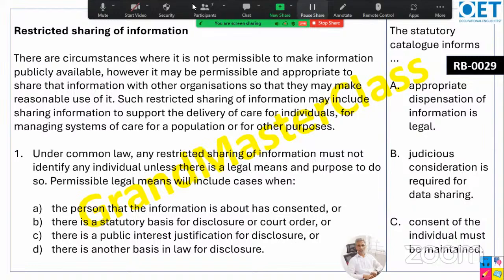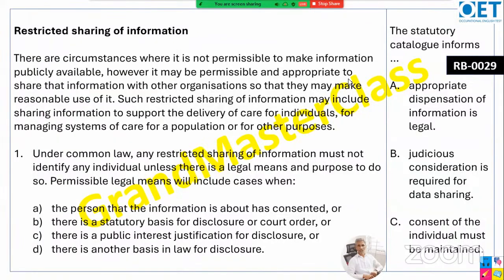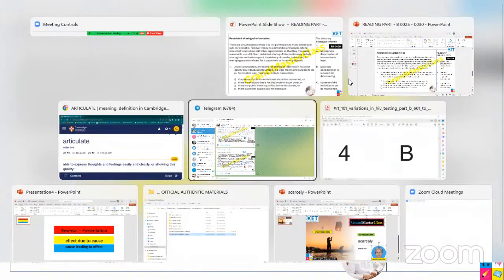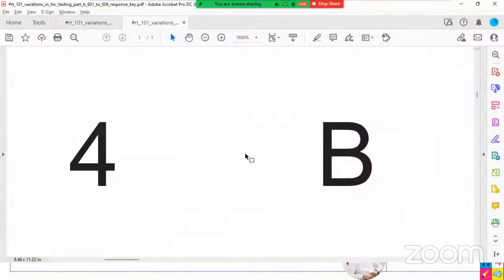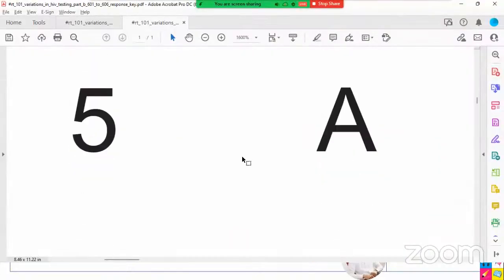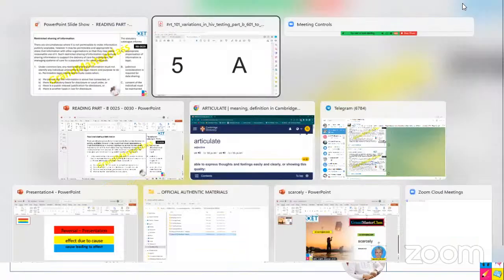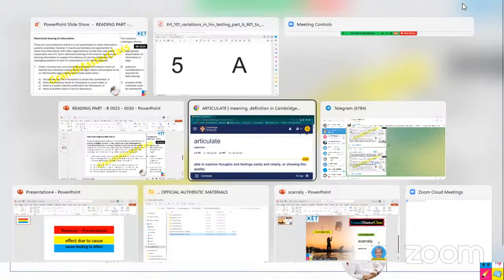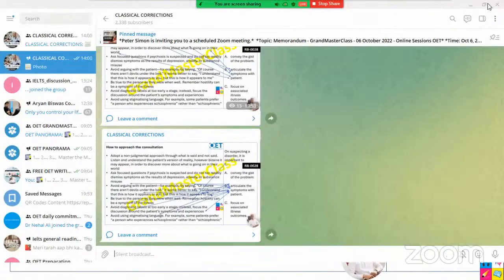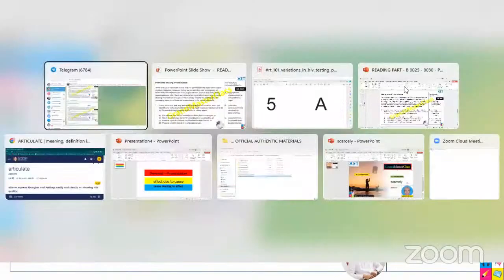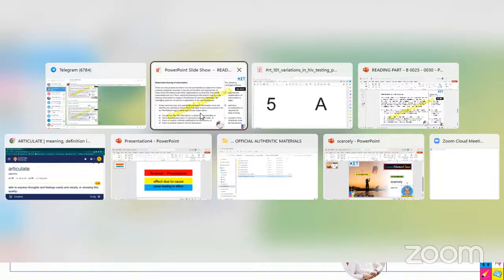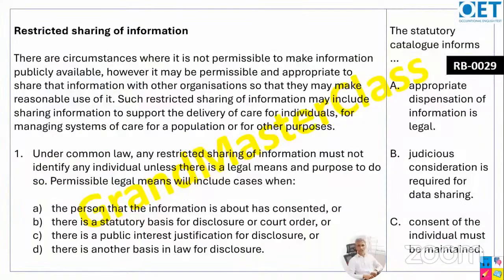A, B. Okay. It's A. A is the right answer.